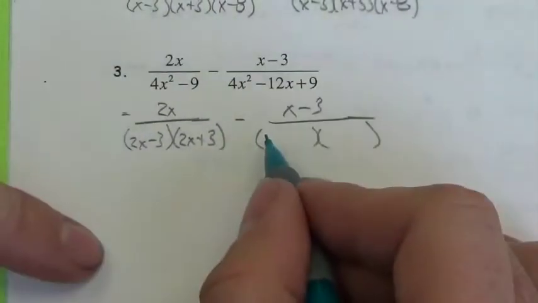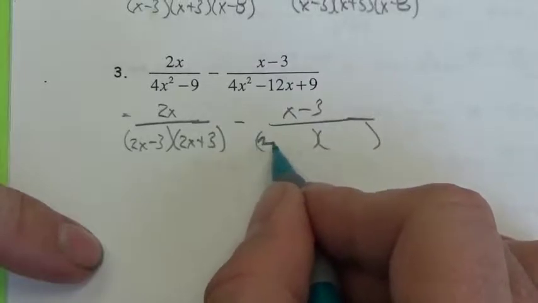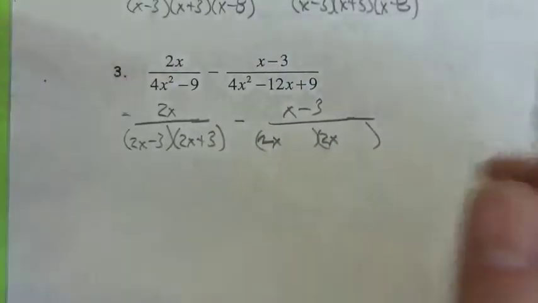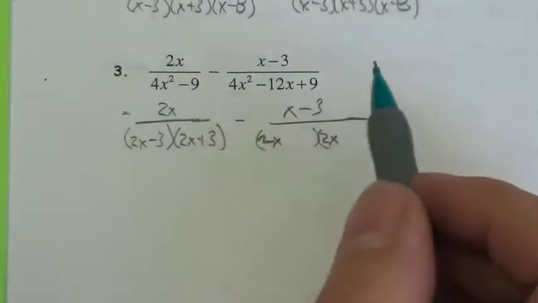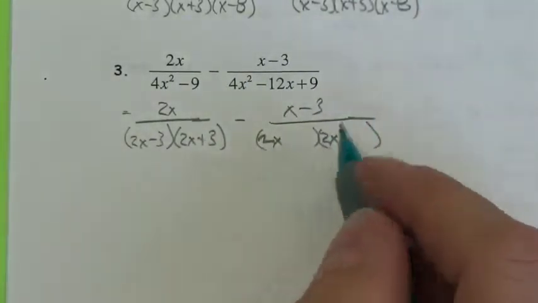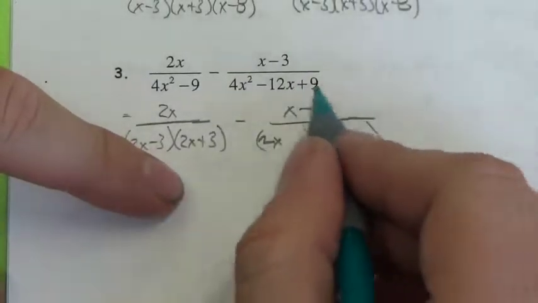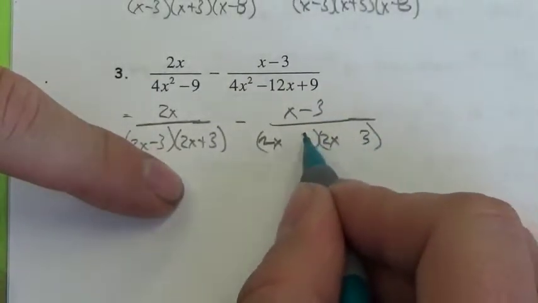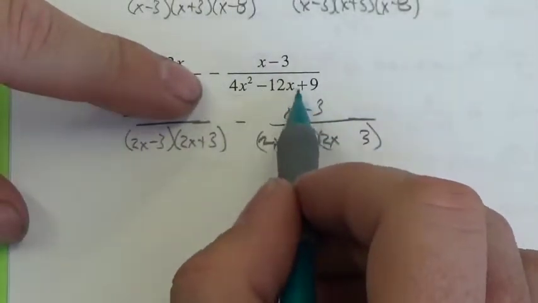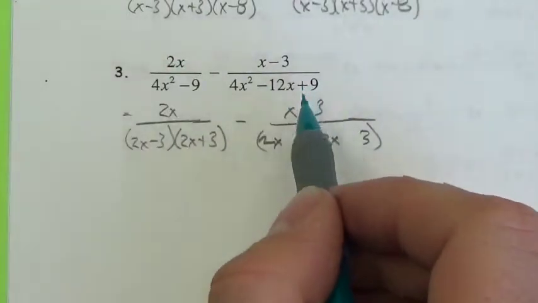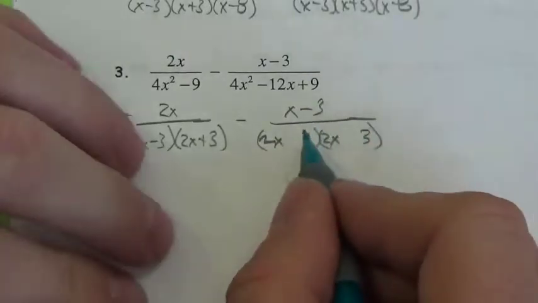Now, I would be very tempted to make this 2x and 2x. I'm just guessing. It could be 4 and 1 for all I know, but the most common factors of 4 that get used are 2 and 2. And then with the 9 here, I'm guessing it's going to be 3 and 3, just because they're perfect squares. Now, this is positive and this is negative, so that positive tells me that those two have to have the same sign.